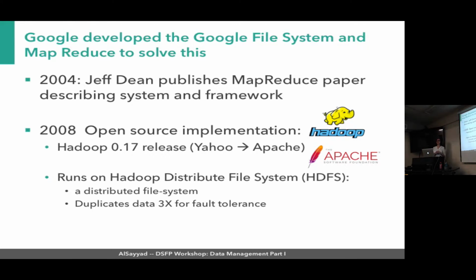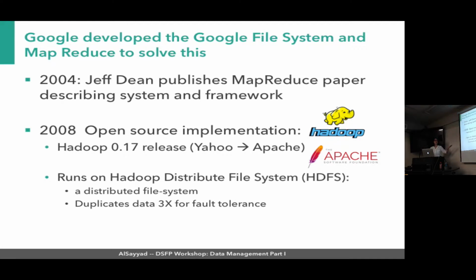They're a volunteer-run organization that supports and incubates open source projects, and most of the big data systems are supported by Apache, the open source ones at least. So this MapReduce framework also runs on a distributed file system.